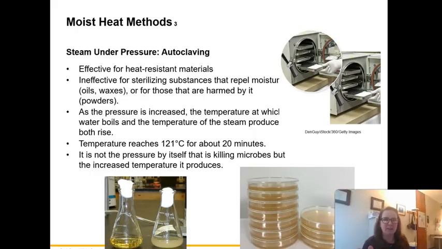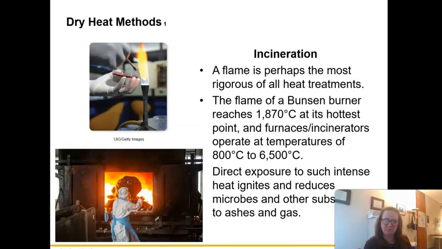Our moist heat methods, such as autoclaving, are essentially a way to completely remove all forms of microorganisms, including endospores, and so this is a form of sterilization.